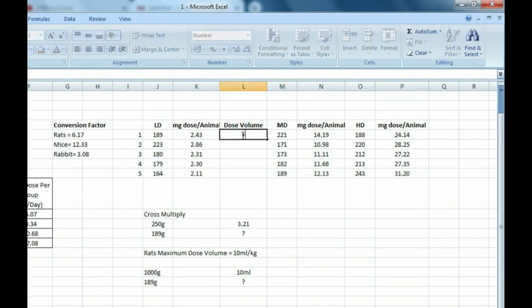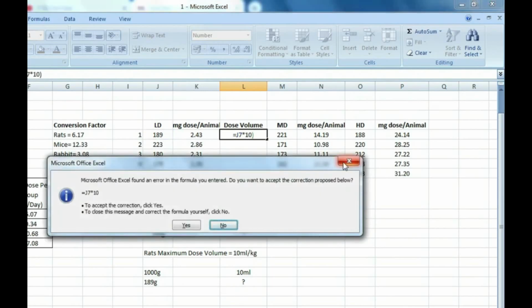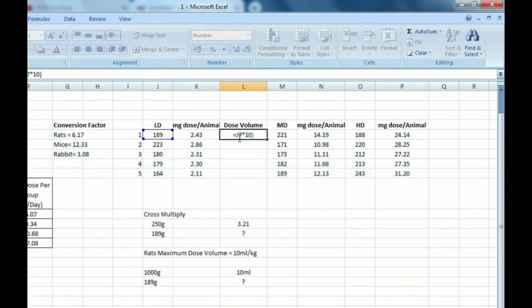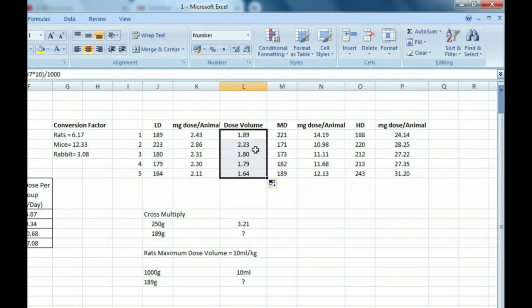We will write equal to, take 189 multiplied by 10, put both of them in brackets and divide by 1000, that cross multiplication, and then we will drag it for all. Likewise we have calculated the dose volume for all animal weights.